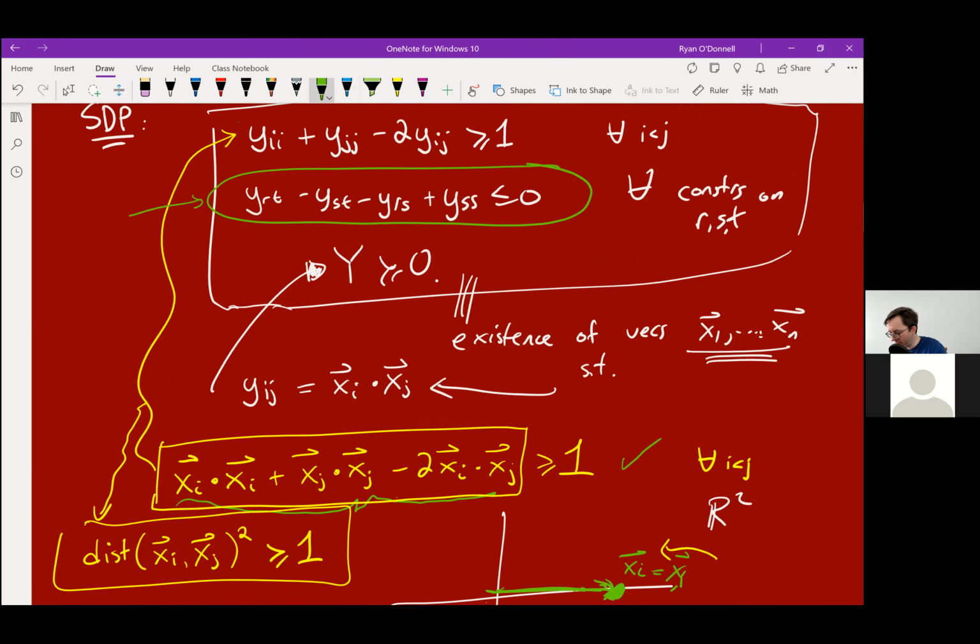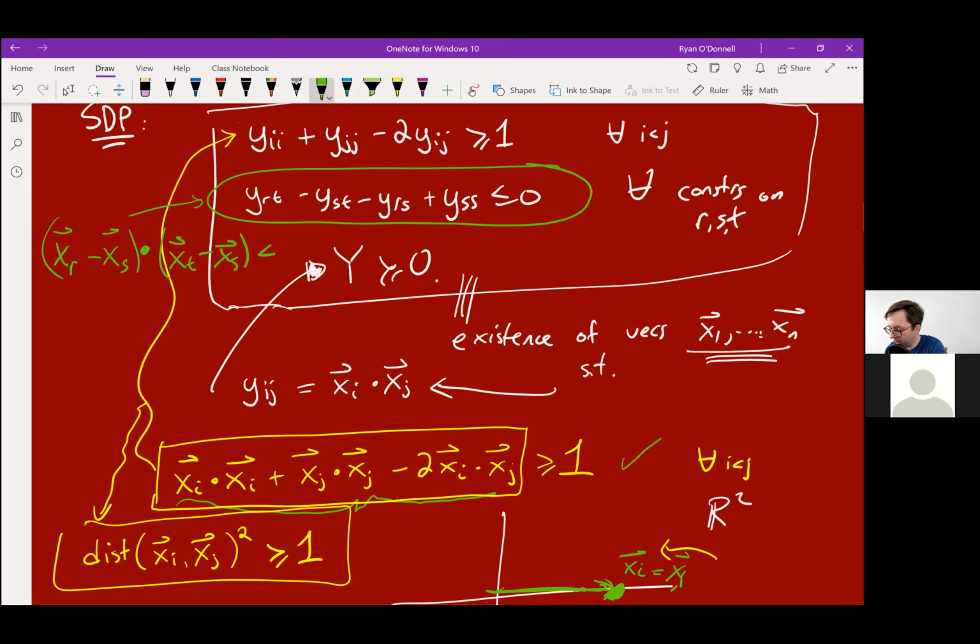What's going on with this one? I mean, if we did something similar to what we did with the first constraint, it just translated back to xr minus xs dot product with xt minus xs. Yeah, xt minus xs.